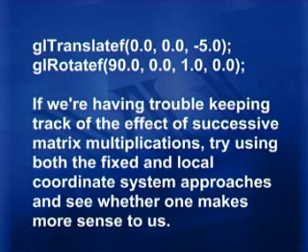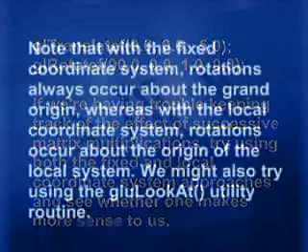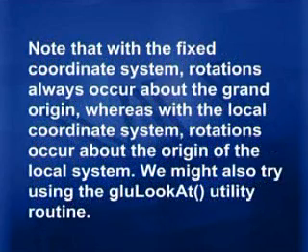If we are having trouble keeping track of the effect of successive matrix multiplications, then try using both the fixed and local coordinate system approaches and see whether one makes more sense than the other. Please also note that with the fixed coordinate system, rotations always occur about the grand origin, whereas with the local coordinate system, rotations occur about the origin of the local system. We might also try using the gluLookAt utility routine.